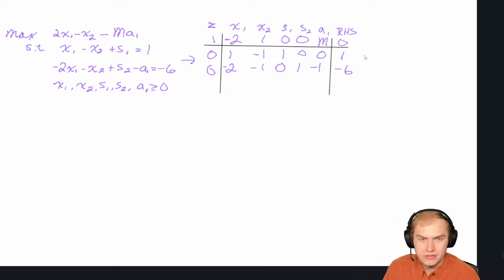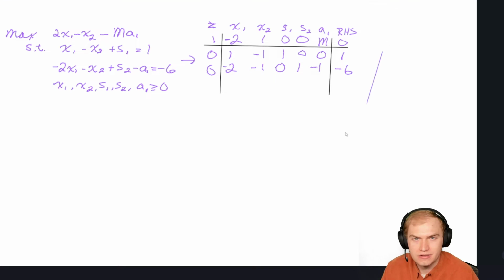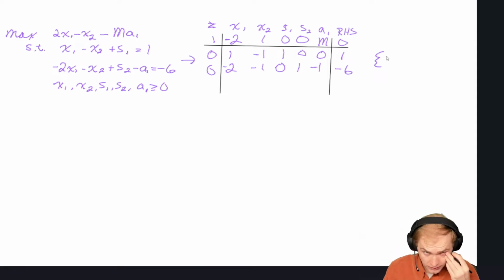Now, we're still noticing that we have this infeasibility, and that's because we have yet to put this in the correct basis. So we want to include all of our auxiliary variables in the basis.